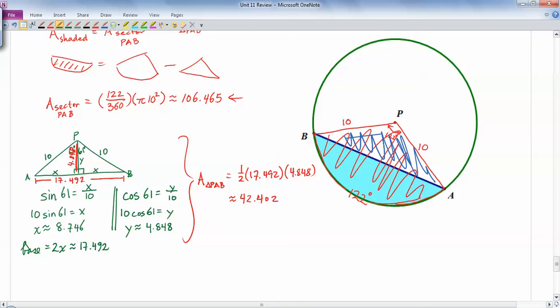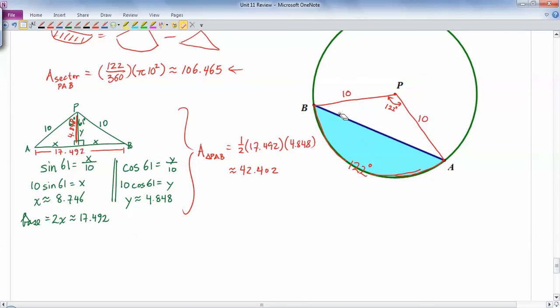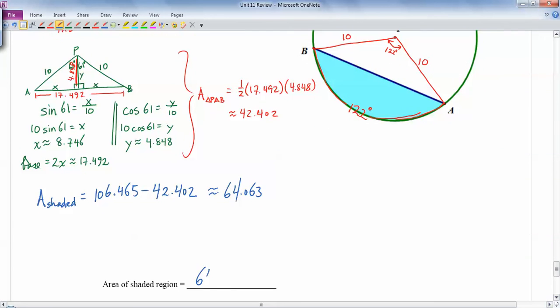If we subtract them, we get the area of the originally shaded region. So the area of the shaded region is going to be the sector, 106.465, minus the triangle, 42.402. If you cut and paste from the calculator, you end up with 64.063 once you round it. So that's what goes here. If you wanted to include units, the original problem just said units, so the area would be square units or units squared.